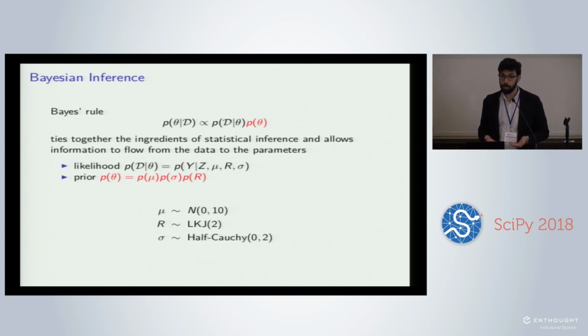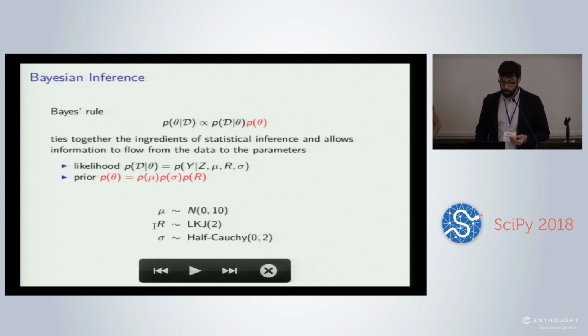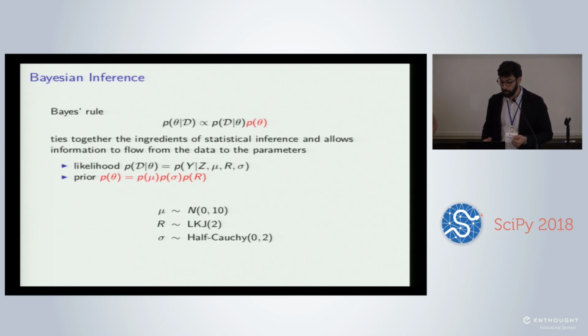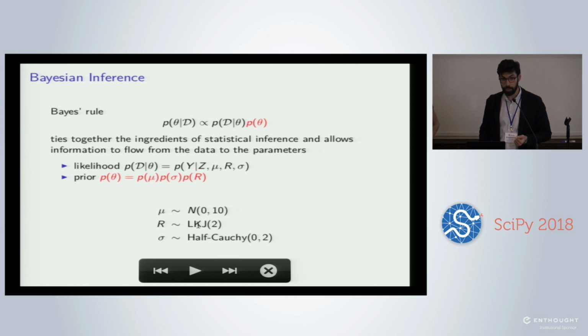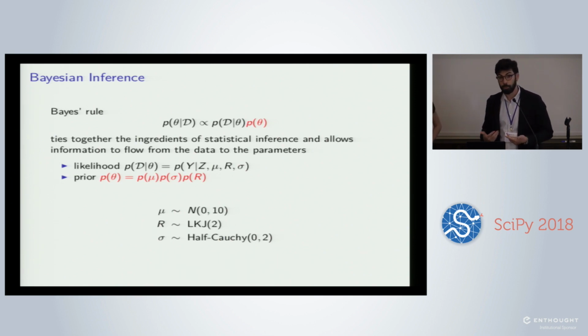Stan has pre-programmed distributions that you can just name. And it's very easy. For example, if you've tried to work before with Bayesian inference, you know that correlation matrices are kind of tough to handle. There's a very nice implementation of the LKJ prior in Stan that you can just write LKJ prior and it's there, and it's very convenient.